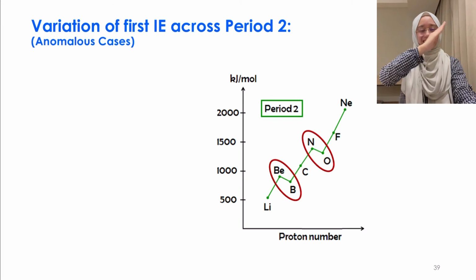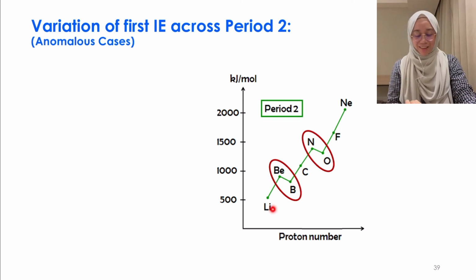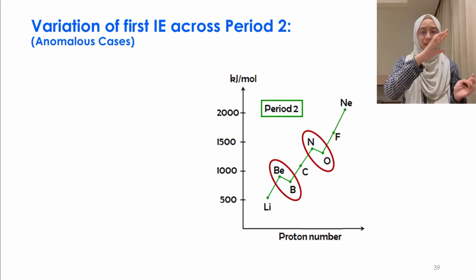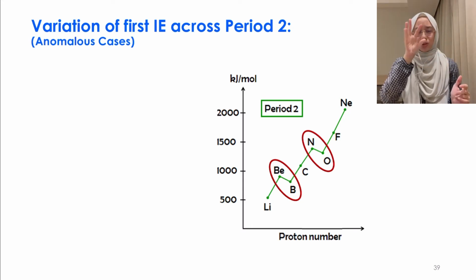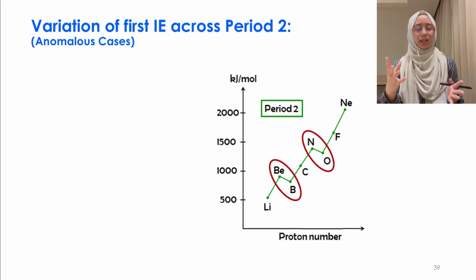Okay, tapi as you can see in the graph here, dia naik daripada lithium pergi beryllium naik, tapi suddenly ada a drop here, a small drop here, and then dia start naik balik, and then there's another one sudden drop here, and then dia naik balik. Okay, so generally dia memang naik lah, tapi tiba-tiba dia ada sudden drop tu. So that particular drop there is the part yang anomalous cases dekat sini, dia macam pelik sikit. So let's see kenapa sebenarnya benda ni berlaku.